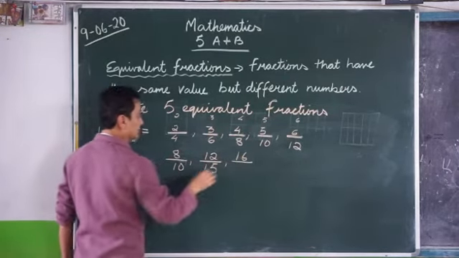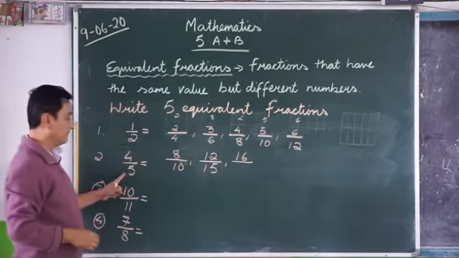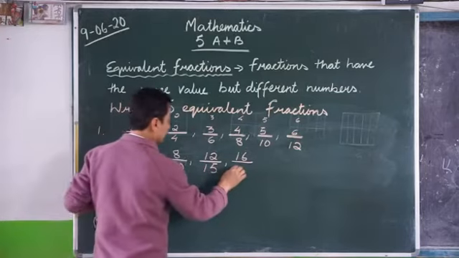Draw a line. You have written the numerator. Now multiply the denominator. 4 fives are, very good, 20.